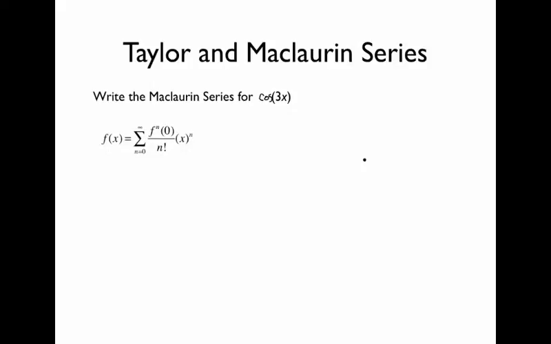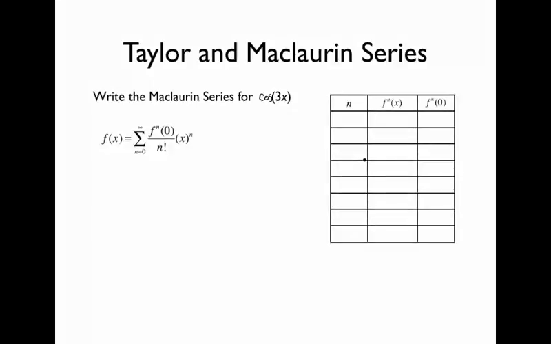What's really the biggest part of finding this? It's finding all these derivatives evaluated at 0. N factorial, x to the n, piece of cake. So really the bulk of doing this is figuring out what those derivatives are. So I recommend setting up a table, and just find enough terms so that you have established the pattern, okay?